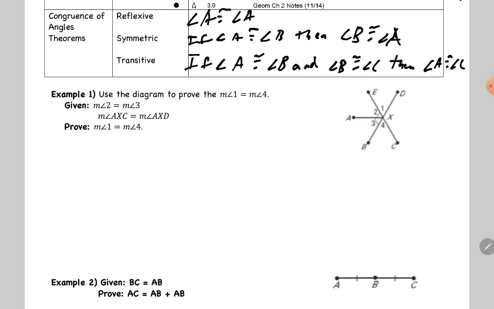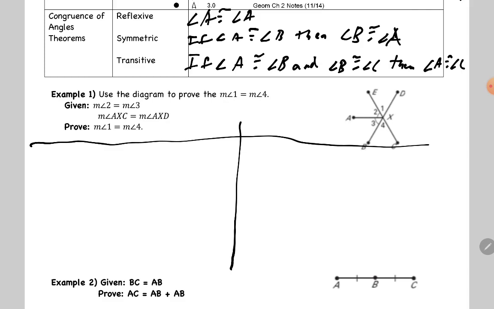Alright, let's go to the statements and reasons. This is how some of your homework problems will look. They'll say given, blah blah blah, and they'll usually give you a picture, and then they'll say prove angle 1 is angle 4.